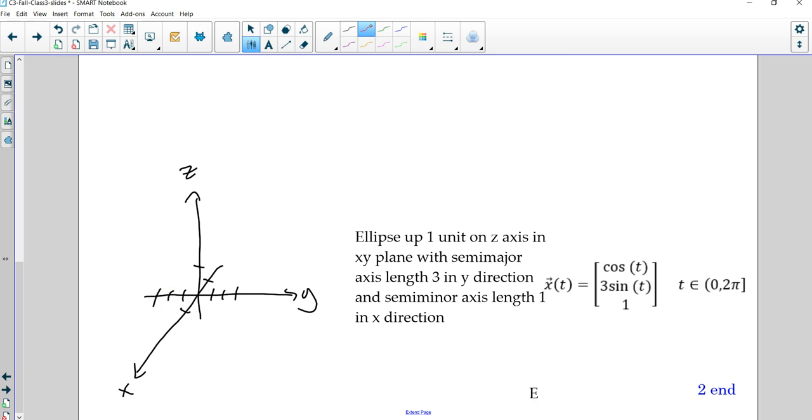And please know that this is not completely accurate, but it should look something like that. Okay, so you can see that it is 1 in this direction and 3 in that direction.